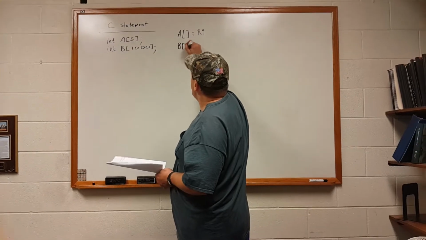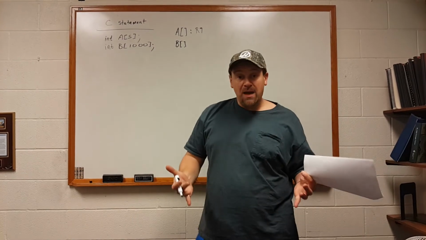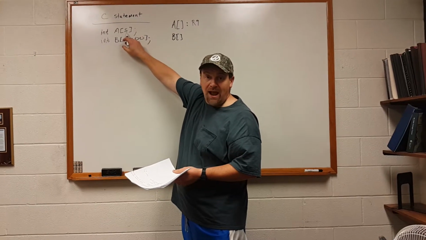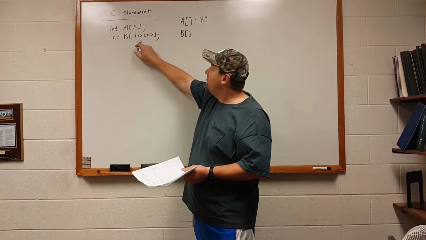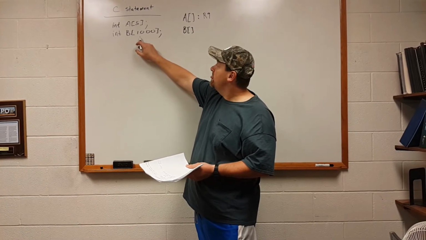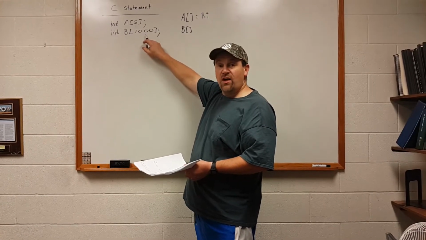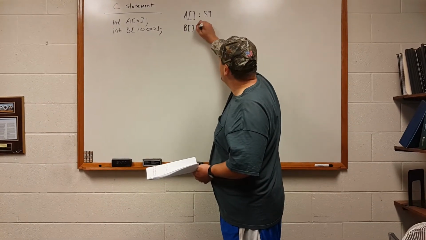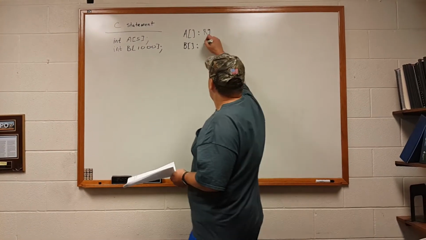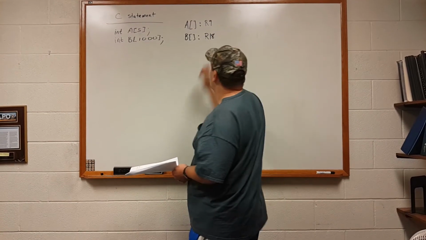Then the array B. Remember, A has 5 elements, B has 1,000 elements, doesn't matter, each is going to have a base. 5 ints are going to be allocated at the base of A. 1,000 ints, 4,000 bytes, are going to be allocated at the memory associated with B. All right, where does B start? Well, the compiler has to tell it, and I dictate that we're going to have it in R18.